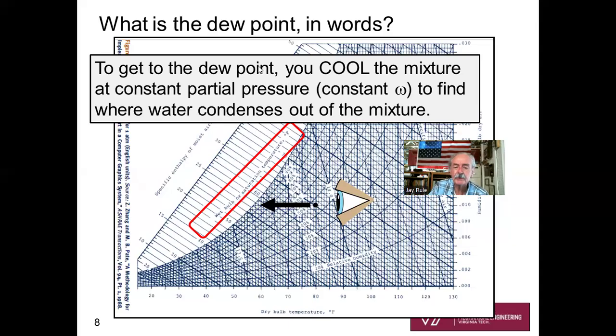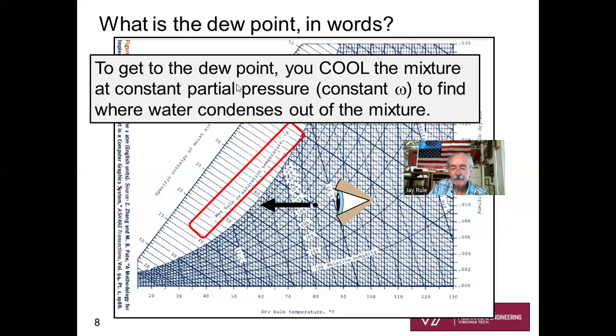The way you determine the dew point, and what physically happens in the real world, is that the mixture is cooled, removing heat, at constant partial pressure until water starts to condense out of the mixture. In other words, dew forms on the grass.